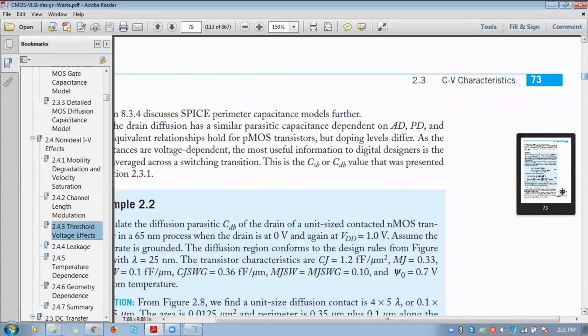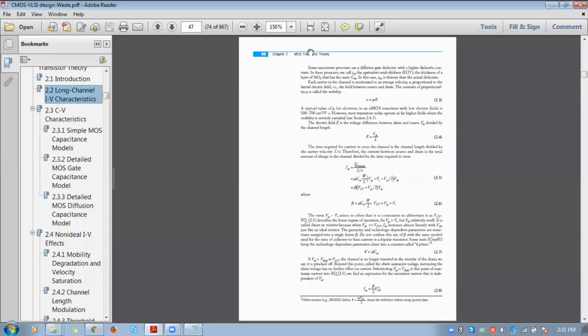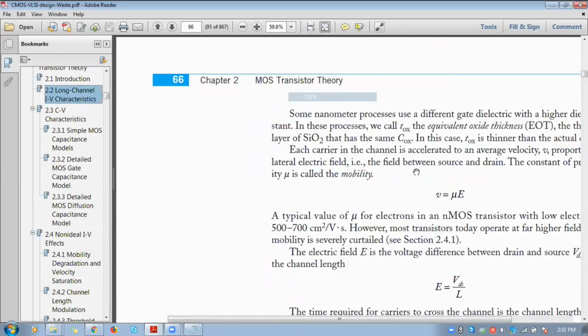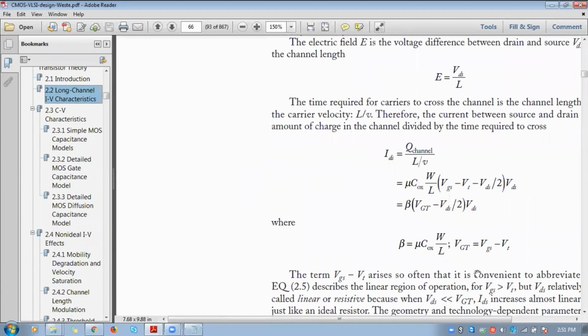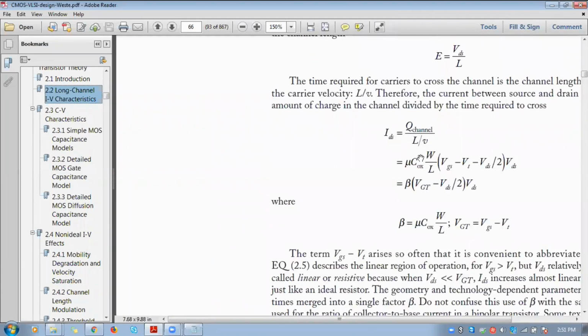We have seen the IV characteristic equation, right? You see here, W by L is coming in the equation. Beta is mu C naught x W by L. The length of the channel is coming in the denominator. But according to the design, we are making beta a constant, right?